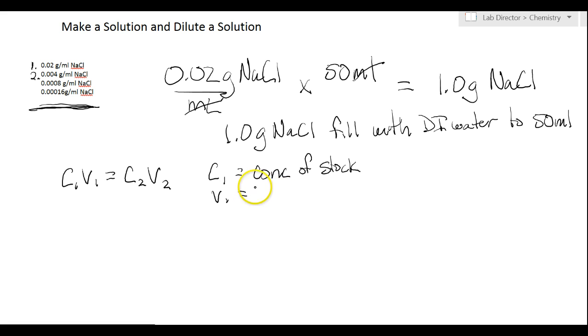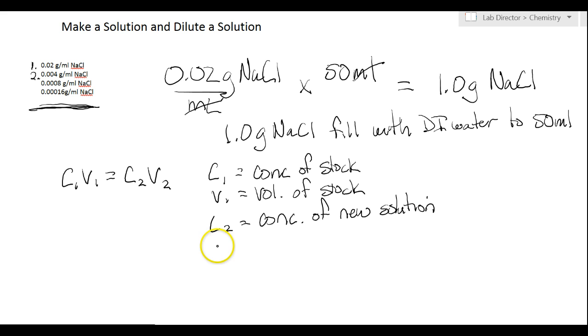V1 is the volume of the stock solution that I'm going to use to make my new dilute solution. C2 is the concentration of the new solution. So this is what I'm aiming for. And then V2 is the volume of the new solution.